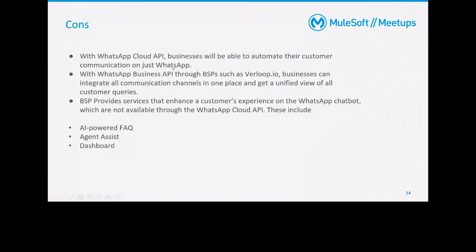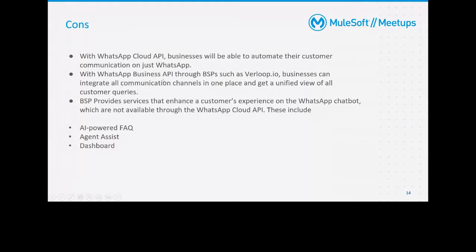If you think about Twilio, you can automate your conversations with not just WhatsApp. You can do all this automation with other platforms as well, like Instagram and other different conversation platforms. With WhatsApp Cloud API, we are doing it just with WhatsApp.